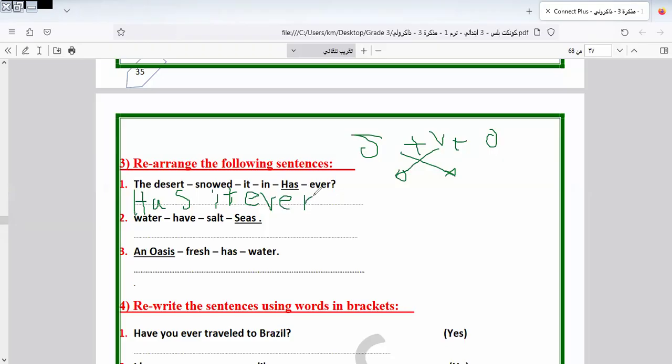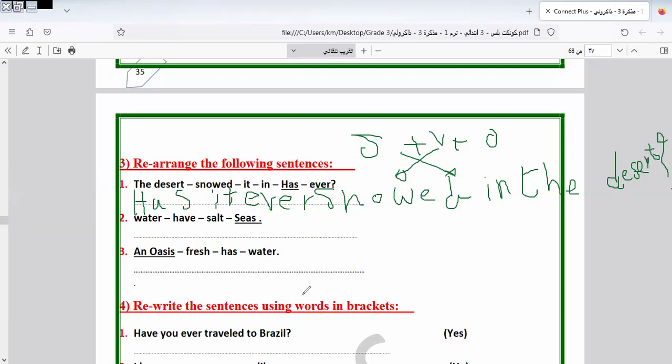Has it ever snowed in the desert? And what can I do at the end of the sentence? As we know, you can remind me, I put a question mark at the end of the sentence.